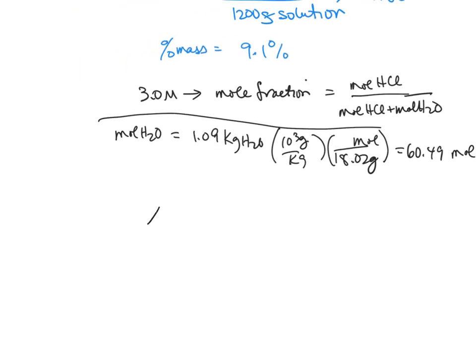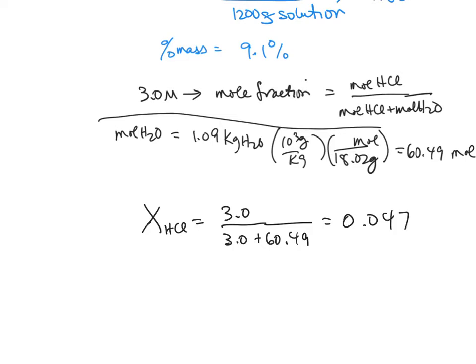Alright, so then mole fraction of HCl is equal to 3 divided by 3 plus 60.49. And that is 0.047. You do not multiply the mole fraction by 100. Just leave it as a fraction instead.